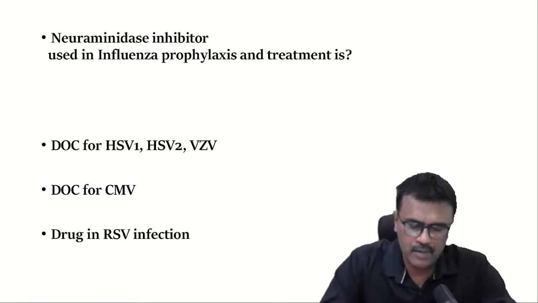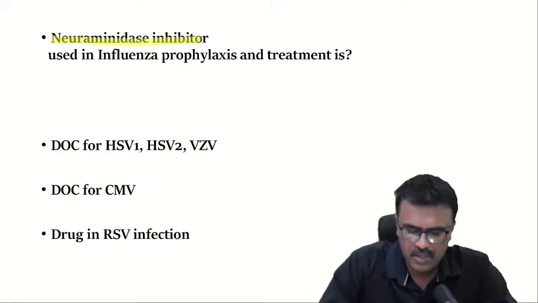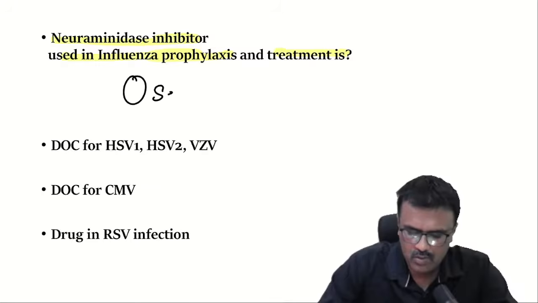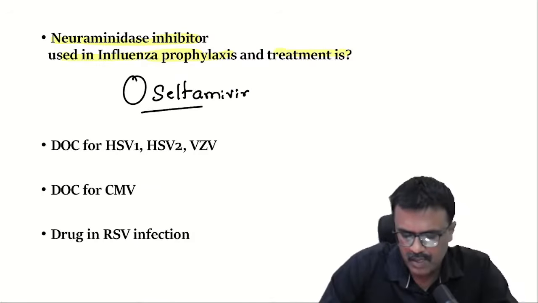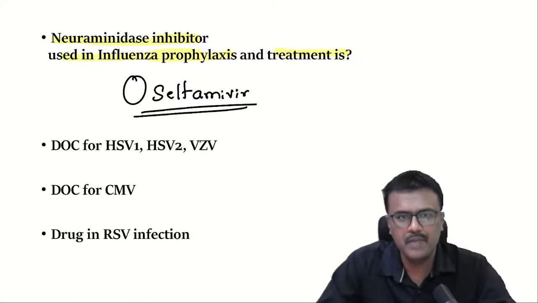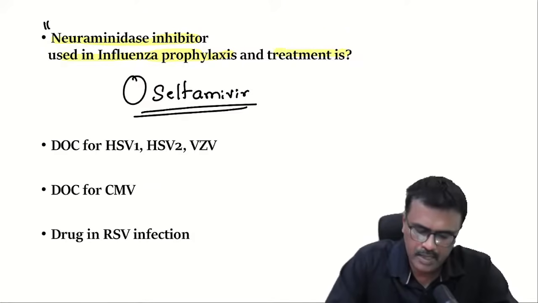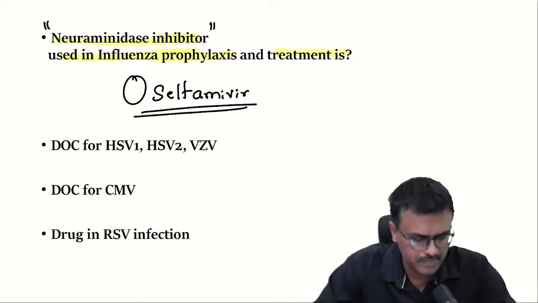Now coming to other viruses, the neuraminidase inhibitor used in influenza prophylaxis and treatment is called oseltamivir, brand name Tamiflu. But the majority of questions are on the mechanism of oseltamivir.